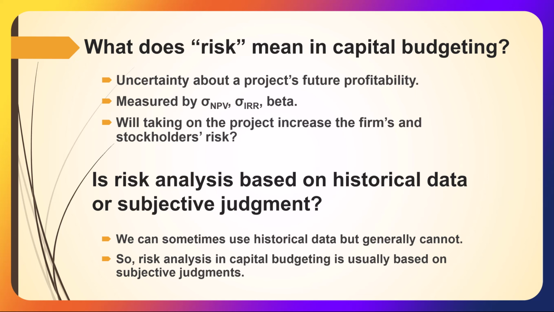Quantitatively speaking, risk is measured by standard deviation, the coefficient of variation, and beta. So understanding these areas is going to be helpful when we want to understand the risk profile of the company itself. The challenge is we really don't have historical data for our analysis.